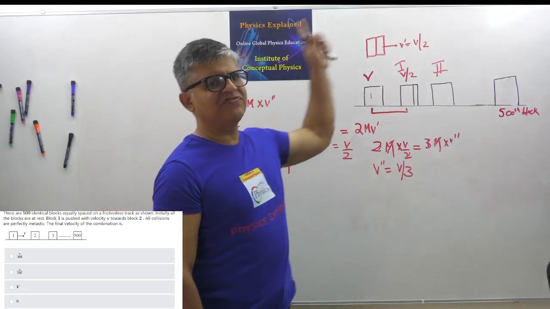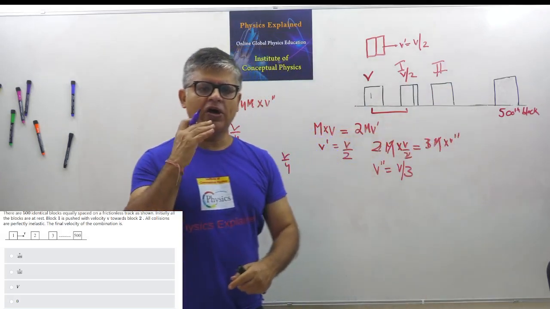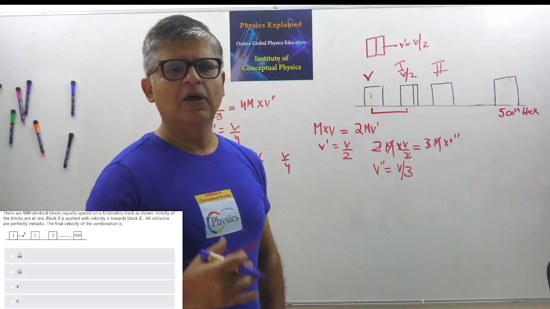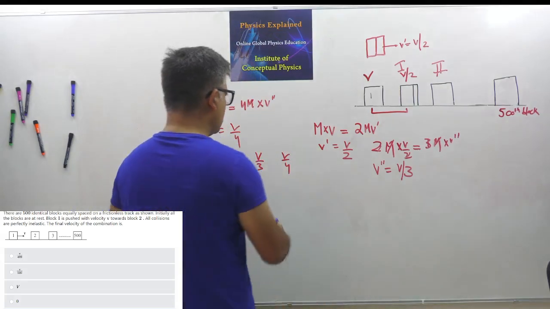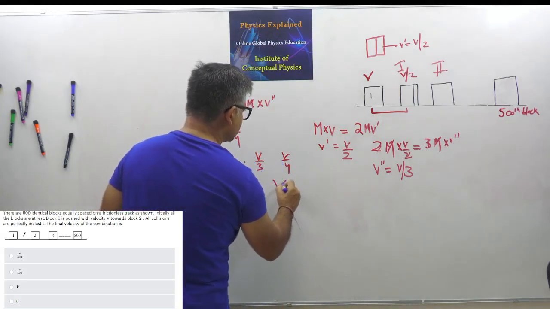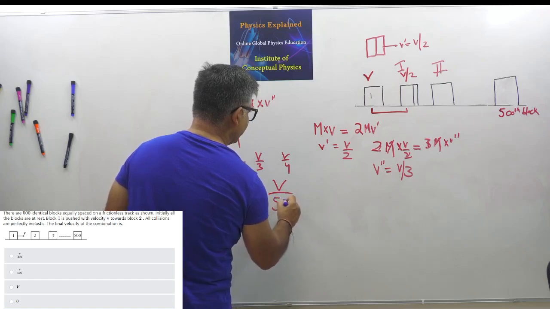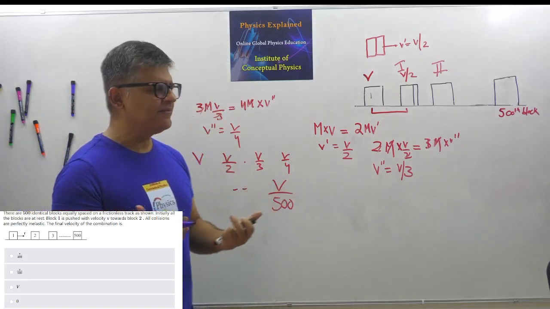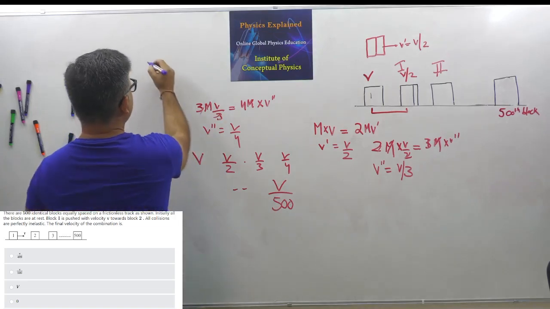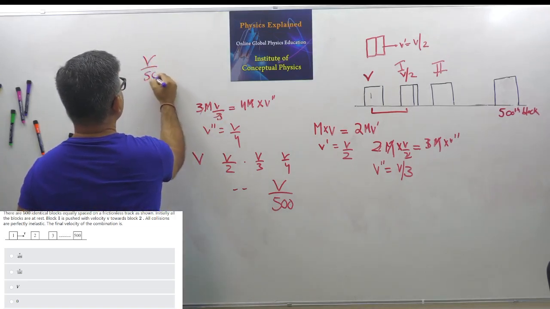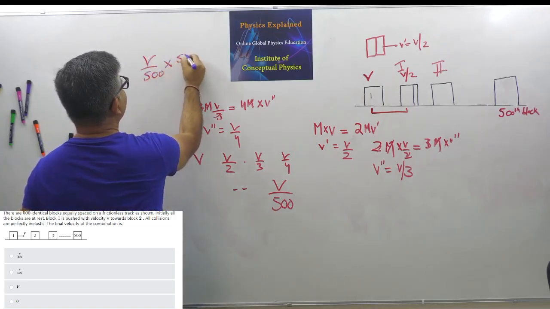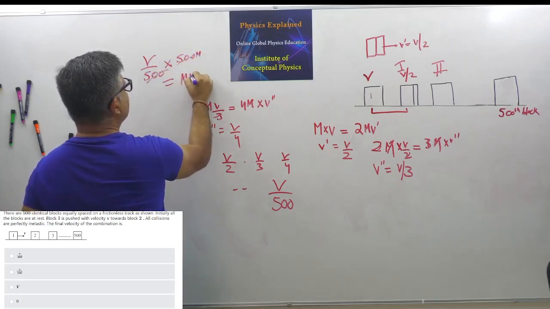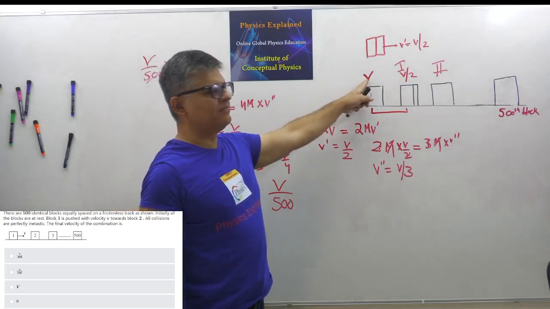When you reach the 500th block, when the combination of first to 500th is moving, what is going to be the velocity? No brainer: the pattern tells me it should be v by 500. All the masses have combined together. If it is v by 500 multiplied by 500m, I'm again able to get the momentum where I started from.